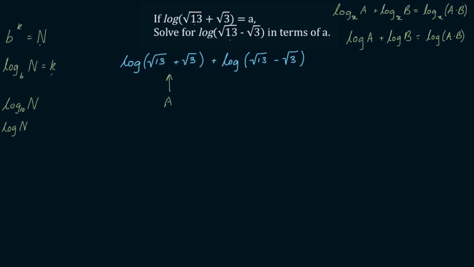Using this as a and this as b, we can rewrite this expression as log of, in brackets, square root of 13 plus the square root of 3 multiplied by the square root of 13 minus the square root of 3.